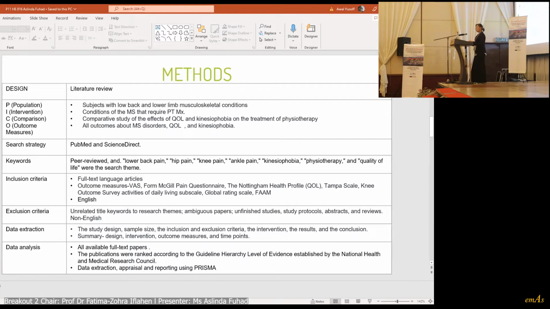For data analysis, all available papers were ranked according to the guideline hierarchy of level of evidence established by the National Health and Medical Research Council, with data extraction, appraisal, and reporting using PRISMA.